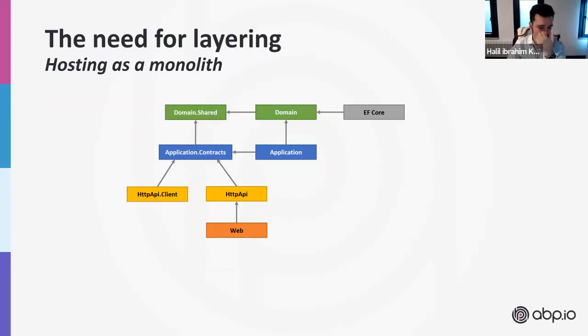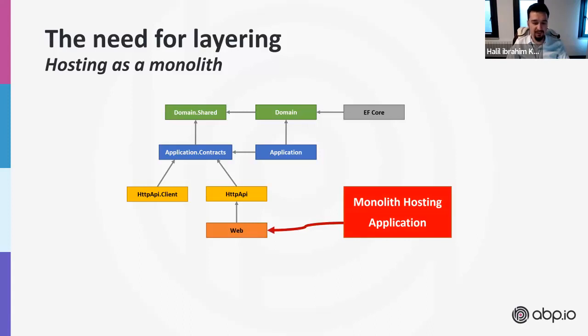Okay, with this model in mind, if you want to host this module in a monolith application as just a module, you can have a reference to the web project, if this is a .NET UI, for example. You need to have a reference to the application layer and the database layer.